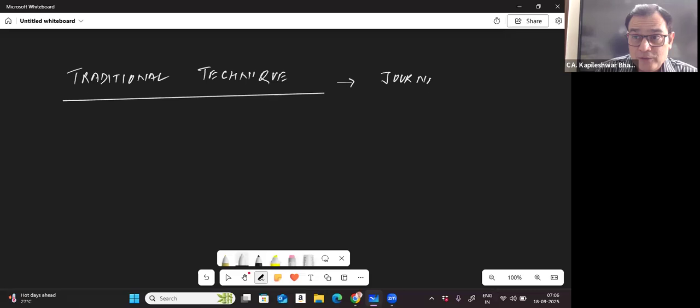Here again, I'm going to give you a three-step model. Undoubtedly, I'm going to call this KB's three-step model once again.